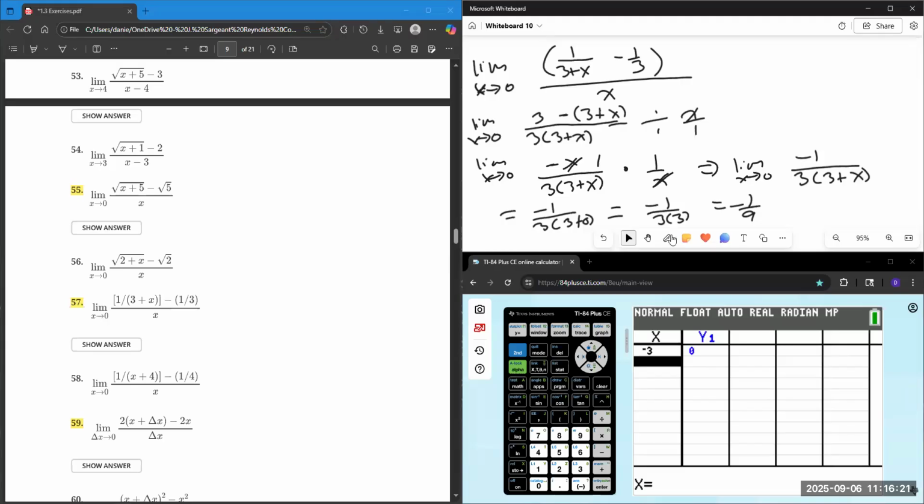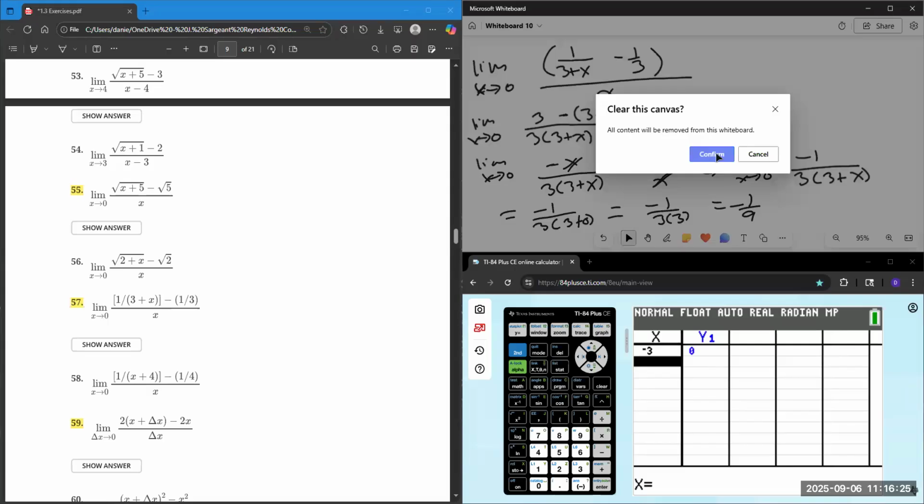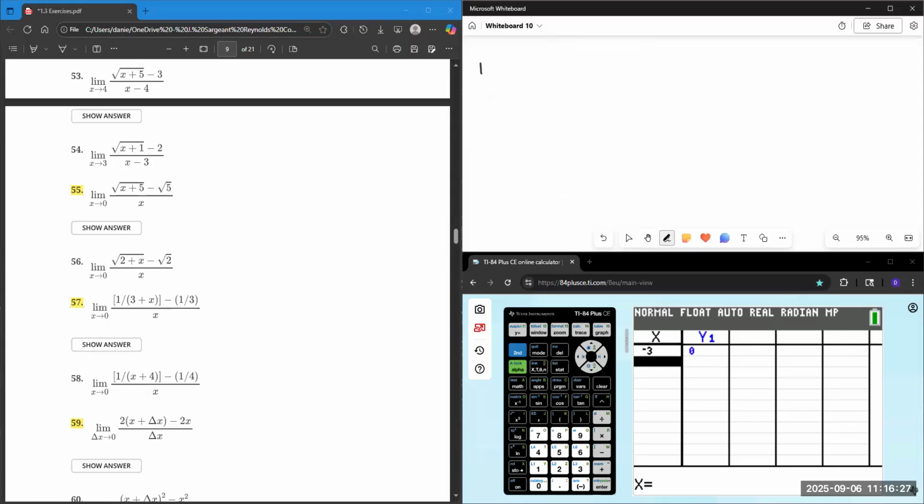Let's look now at number 59. Limit as delta x goes to 0 of 2 times x plus delta x minus 2x over delta x.